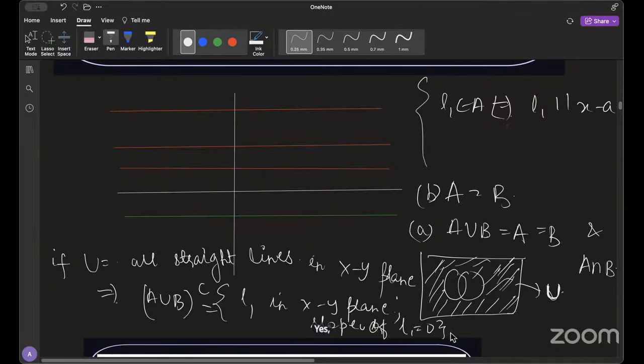Yes, ma'am. That should be the complement of A union B if your universal set is this.